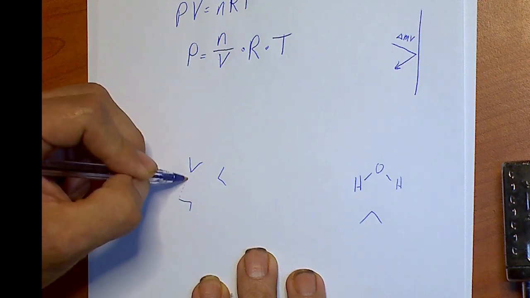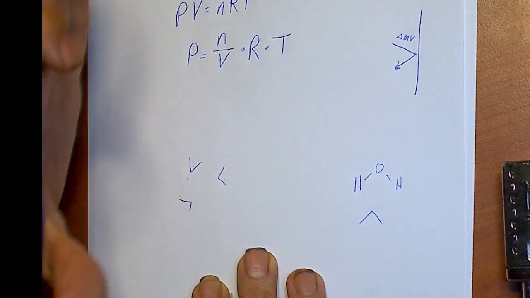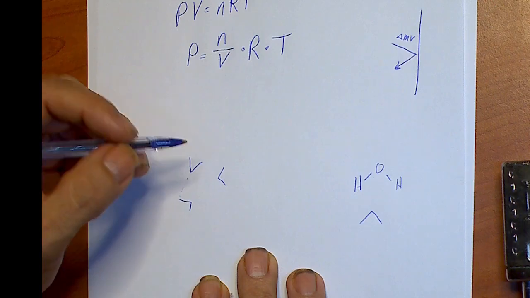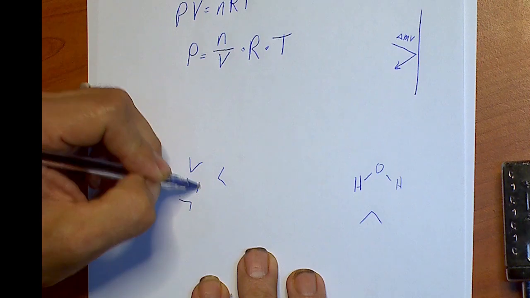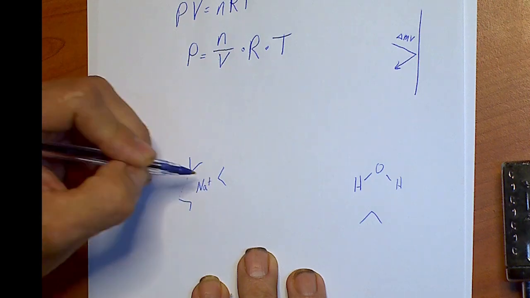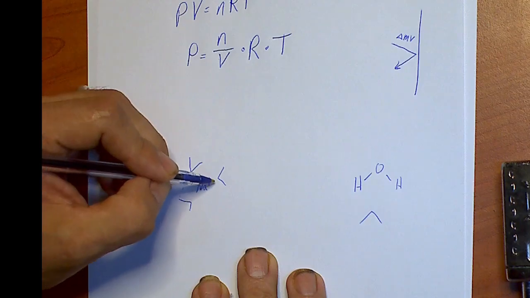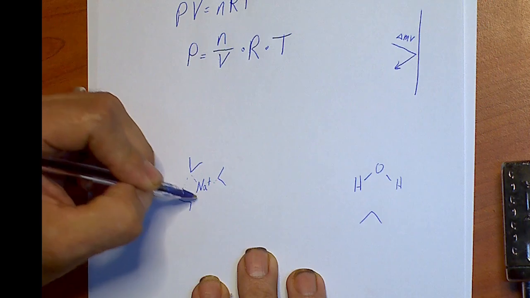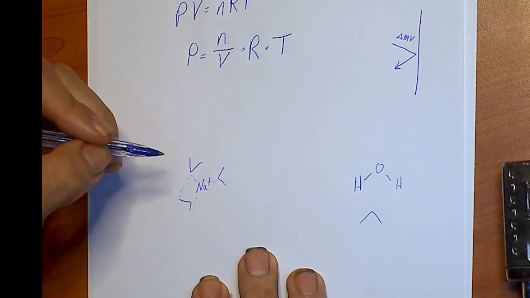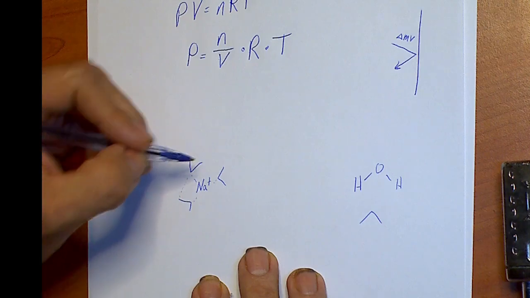You have this hydrogen bonding, so they're not necessarily trying to fly apart from each other. But if I stick something in there, like a sodium ion, sure, it's stable within the water. The water will reorganize to take the negative side of the water and orient it towards the ion and stabilize the ion. Hopefully some of this is familiar to you.